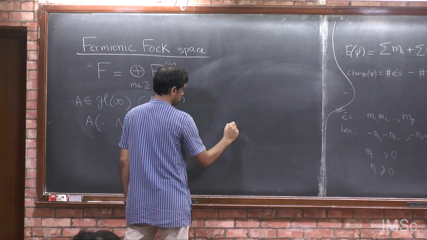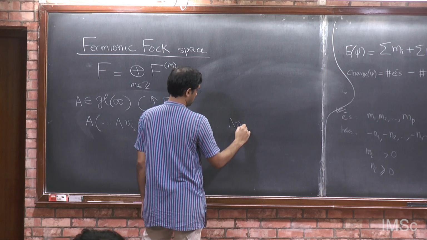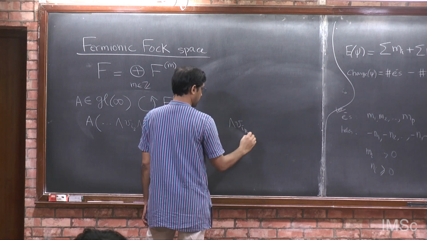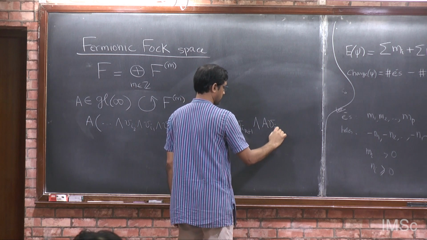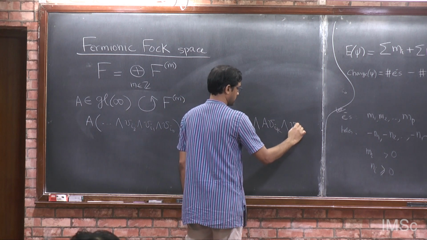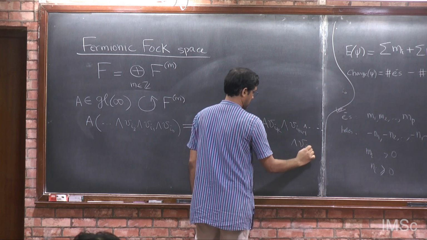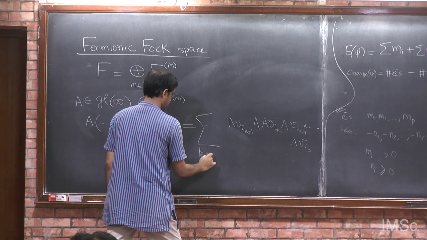So on all wedges, V_{i_0} wedge ... wedge V_{i_k} wedge ..., it only acts on the V_{i_k} term, giving V_{i_0} wedge ... wedge A V_{i_k} wedge ..., and this is now the sum over all possible k's, k greater than or equal to 0.